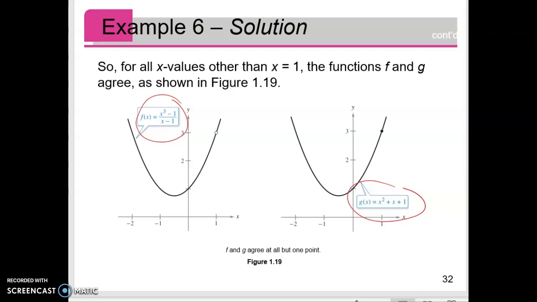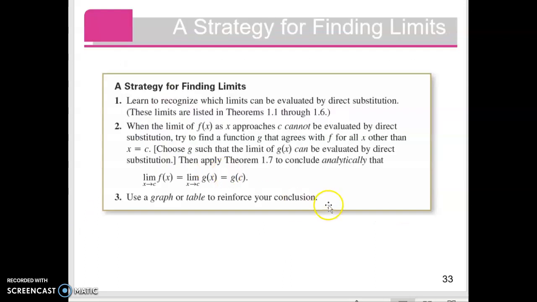So the theorem's going to follow like this. So, okay, here's your strategy. Do direct sub if you can. If you can't, we're going to try to do something like, here's the official wording of what we just did. We're going to be given f. It's going to be the same as g, and then we can do direct sub, okay?